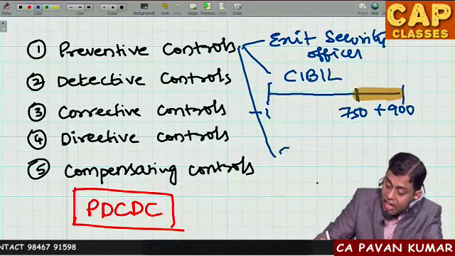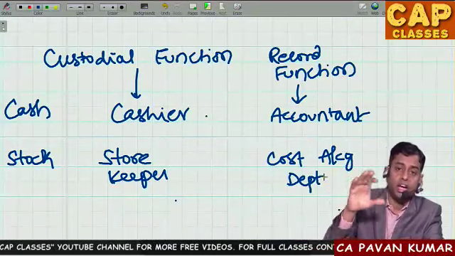Then the second one is stock. In case of inventory, who prepares the priced stores ledger, who prepares inventory records, who has the physical custody of inventory? The storekeeper is the physical custodian, and the cost accounting department, management accounting department. If the costing and management accounting department is not there, the regular accountant, they prepare stock records, like the priced stores ledger and all.